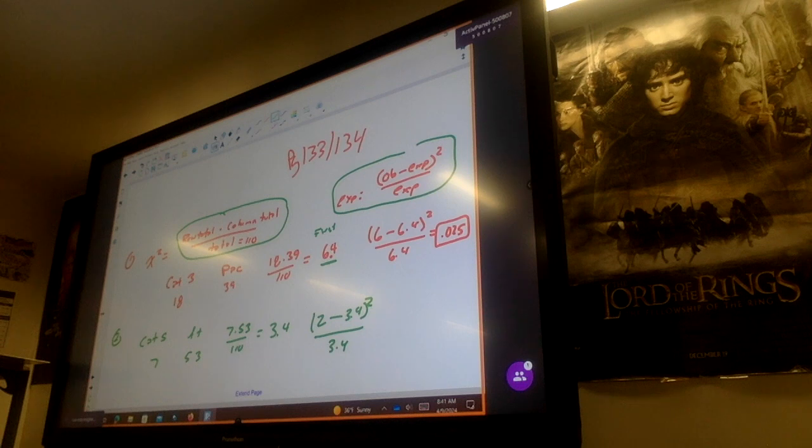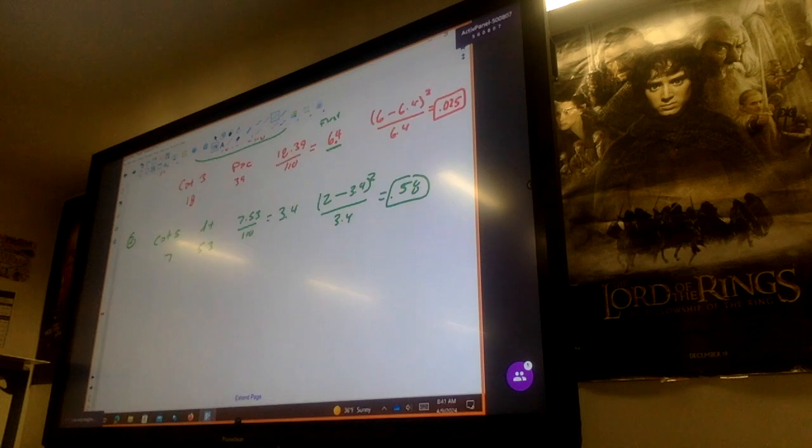Yeah. And then 2 minus 3.4, square that, that's 1.96 divided by 3.4. I got 0.58 too. Sweet.